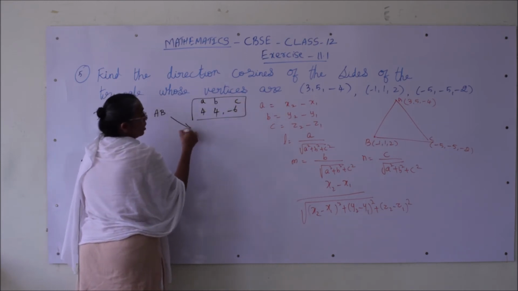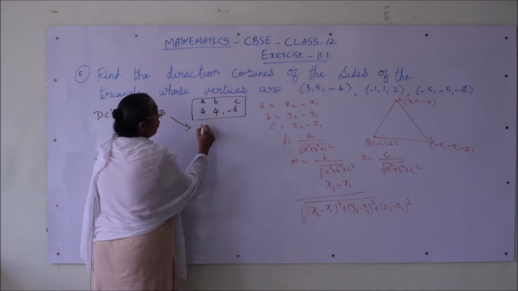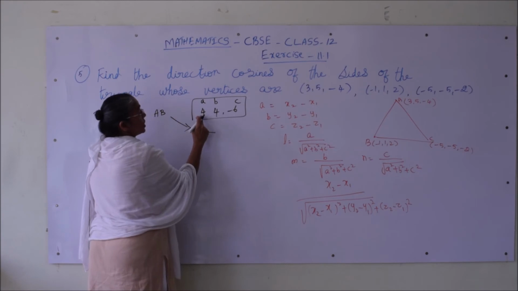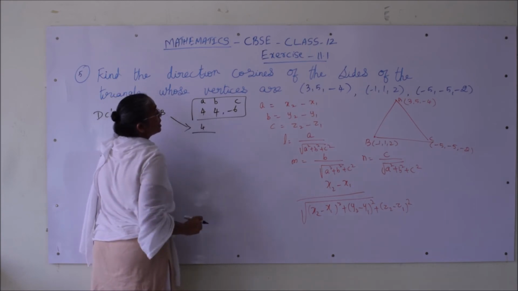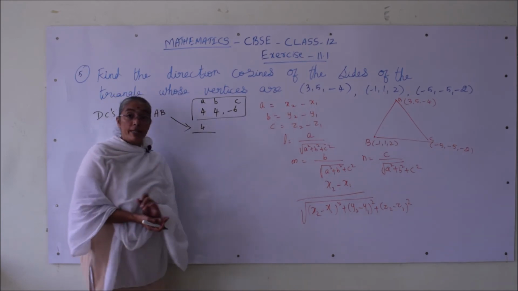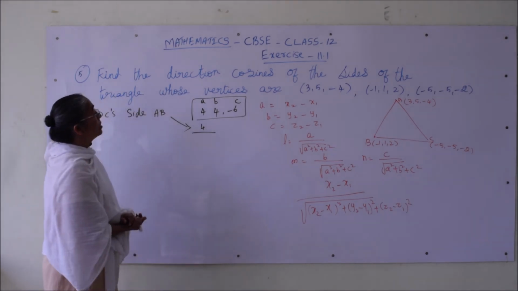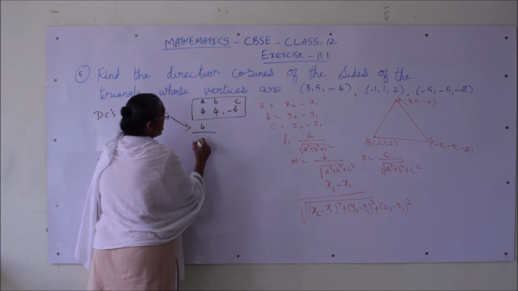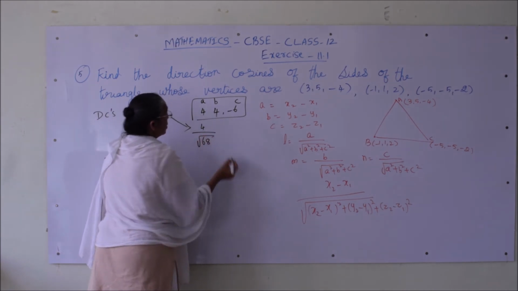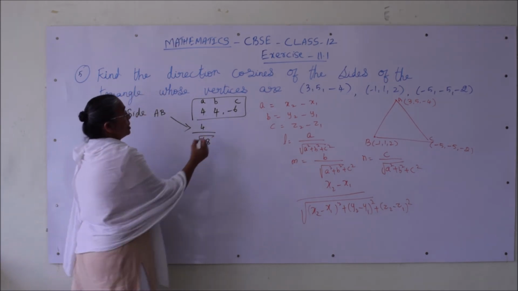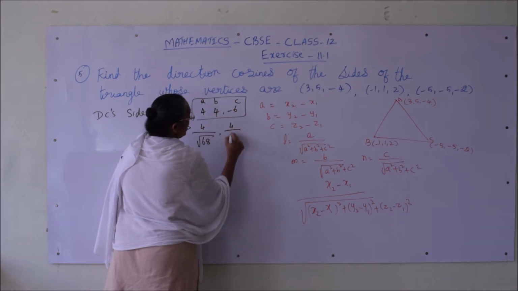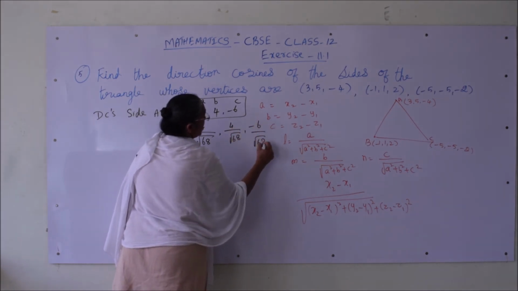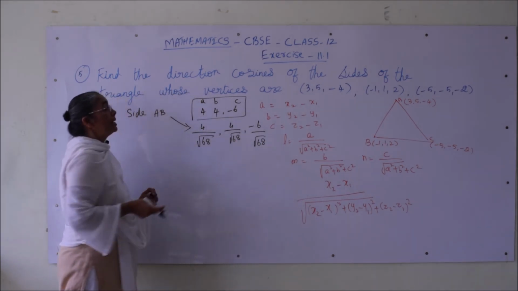Now the DCs of AB: 4 divided by root over A square plus B square plus C square. So 16 plus 16 is 32, plus 6 square, minus 6 whole square is 36. 32 plus 36, we will get root over 68. So 4 divided by root 68, 4 divided by root 68, minus 6 divided by root 68 are the DCs of the side AB.